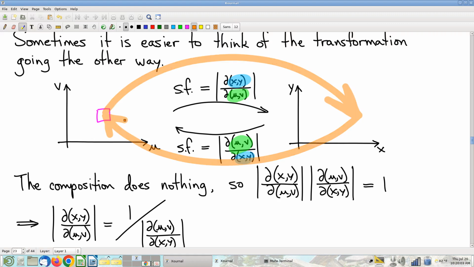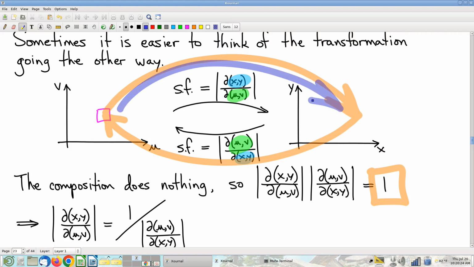Well, altogether, nothing happened. Altogether, I get the exact same area that I started with. Overall, that stretching factor is clearly 1. But also, what has happened is I've done a stretching factor.